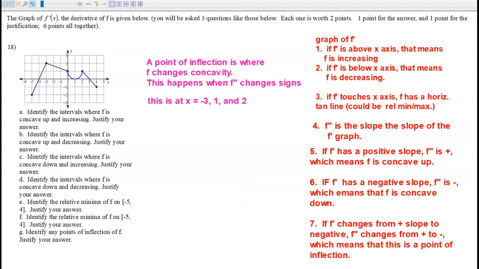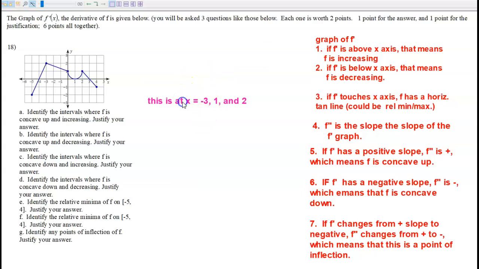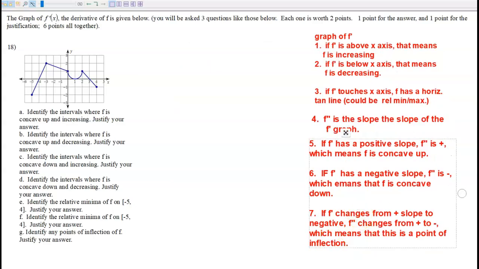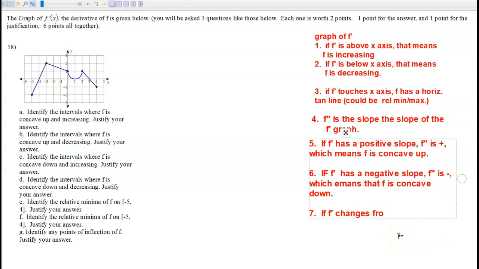Okay, and that'll do it. So I will go ahead and make one little modification here to my little notes on the side. Instead of saying positive, negative, I'll put f prime changes from a positive slope to a negative slope, or from a negative slope to a positive slope.